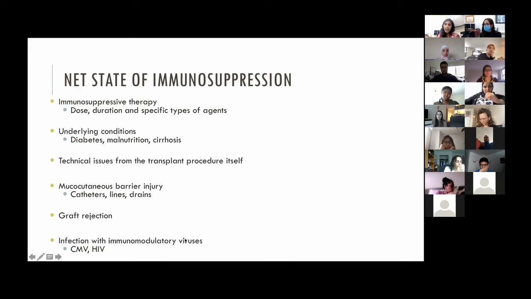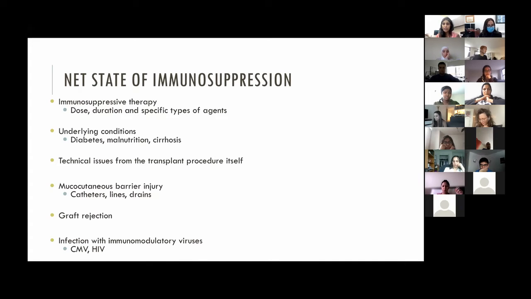So the first factor that we think about is immunosuppressive therapy. I want to know the specifics of the drugs that they're on, the dose, how long they've been on it, and the types of agents. I want to know, do they have underlying conditions that contribute to their immunosuppression, like diabetes, cirrhosis, HIV, for example? Did they recently have their transplant or their surgery? How did it go? Do they have central lines, Foleys?